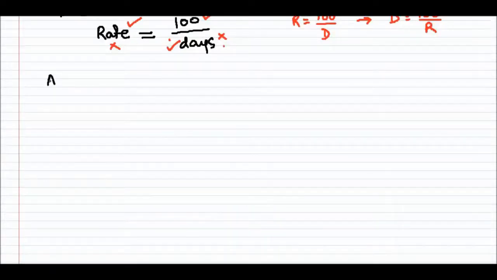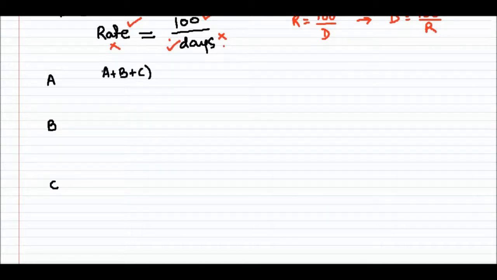Now if you look at the question, you will find that they have also asked that if A, B and C are working separately, then in that case how many days each one of them will take to complete the same work. So let's try and solve it. I'm going to use this logic.